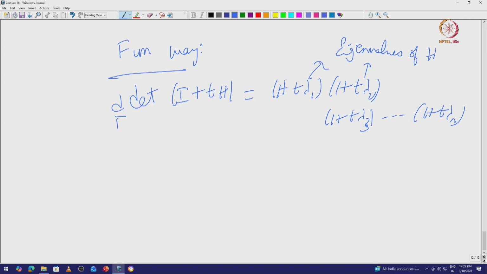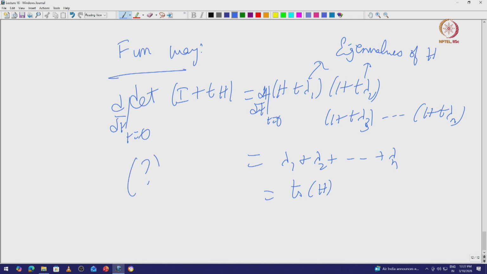So if you want to compute d by dt of it at t equals 0, use the product rule, and the trace is the sum of eigenvalues. The only thing is, this requires a little bit of justification. What justification? The point is, these eigenvalues are complex numbers. So this requires a tad bit of justification to do it correctly. So we won't bother with it, but it's a nice way to do this.